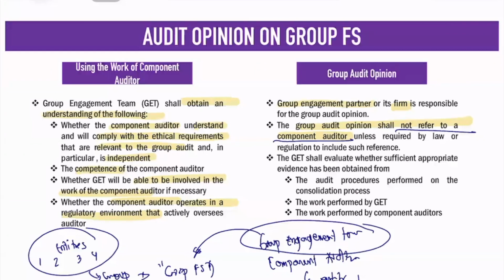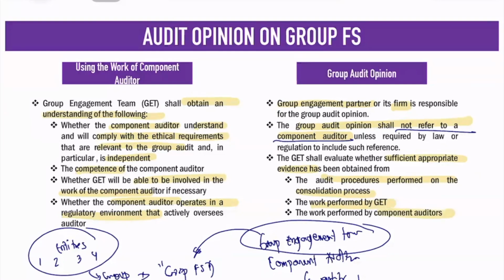So the group engagement team shall evaluate whether there is sufficient appropriate evidence that the audit procedures performed were proper in the consolidation of the whole group, and the work performed by your group engagement team was proper, and the work performed by your component auditors.